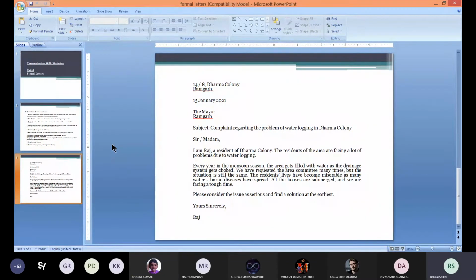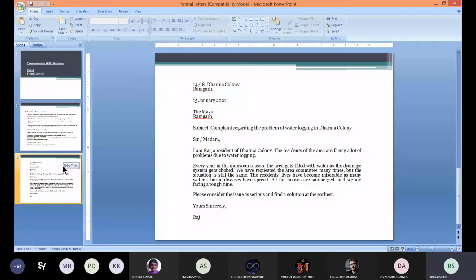So could you please repeat what you said about the address, how it is to be written? Which address? The sender and the receiver both. Okay, sender and receiver both. You can see here it is written, the address and the contact details of the sender at the very beginning when you start the letter. Everything is left aligned.